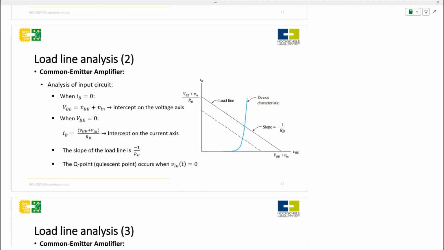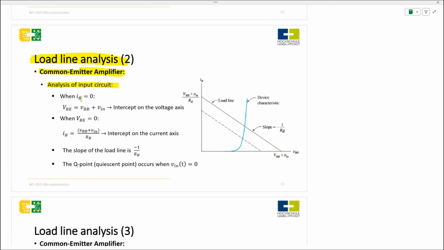Let's talk about it in more detail. We will be analyzing our input circuit.